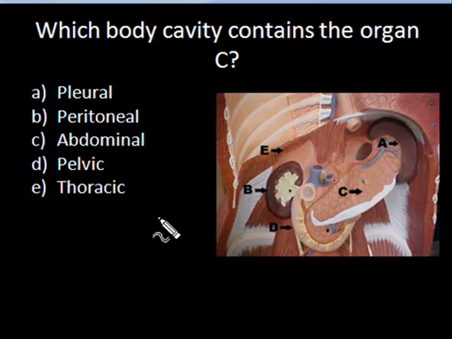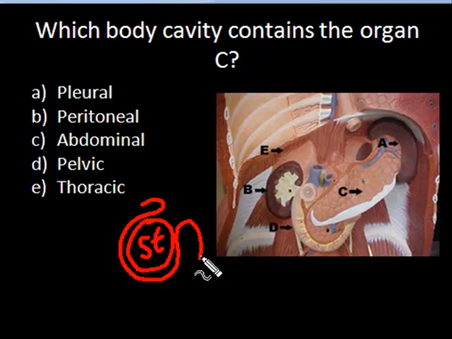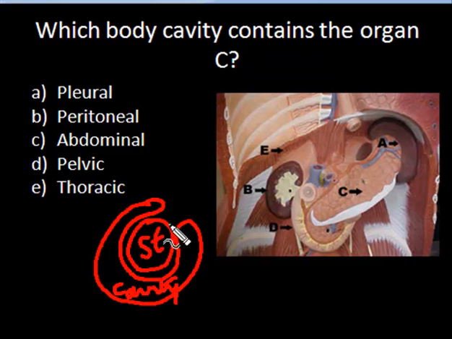But for example, let's say you have the stomach, and if this is the stomach, the peritoneal cavity only surrounds it in this fashion. You can see that. So this is the peritoneal cavity. It's only surrounding it. Whereas the stomach lies inside the ventral body cavity, which is either the abdominal or the pelvic.